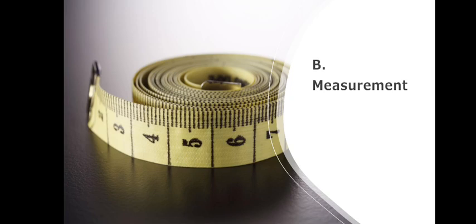B. Measurement. Measurement is the process by which traits, characteristics, or behaviors are differentiated. The process of differentiation can be very formal and quantitative, such as using a thermometer to measure temperature, or can consist of less formal processes such as observation.